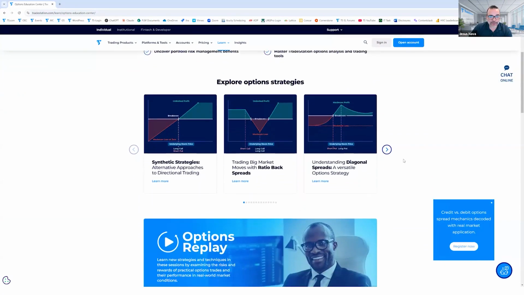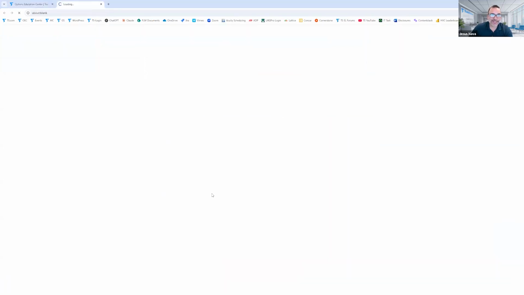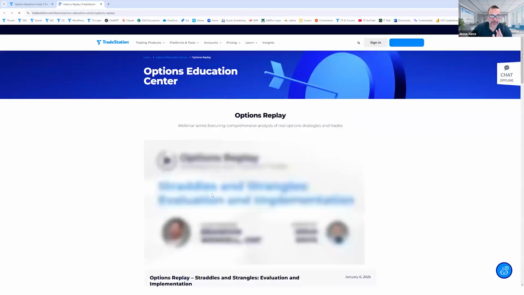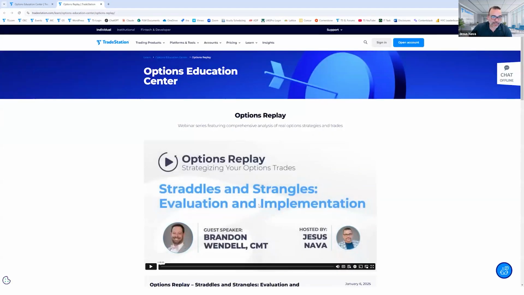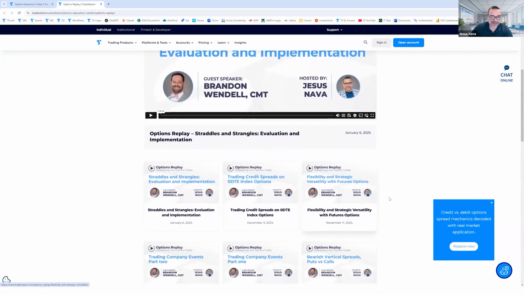If you scroll a little bit on this page, you'll find a banner titled Options Replay. Here, you can register. All of you have registered because you're here inside the room, but you can watch previous presentations. This one is being recorded and it'll be posted here. The big box in the middle is the most recent Options Replay. If you scroll down, you'll see past Options Replay presentations, and we title them based on the topic that was covered, so you have an idea of what type of strategies are presented and can use it if that's the type of strategy you want to learn.